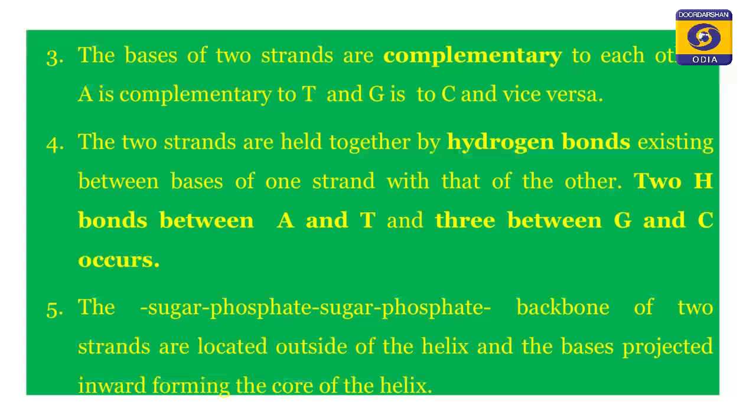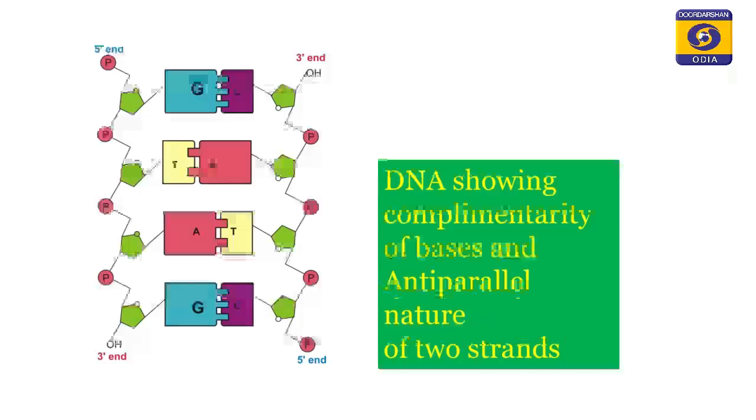Okay. Now, another feature, when we look at the DNA, its 3-dimensional structure, in the outer region lies the sugar phosphate backbone. So, sugar phosphate backbone are located outside the helix and the bases are in the core. So, the bases project inward from the sugar phosphate backbone. So, the bases form the core of the helix. Now, look at this diagram.